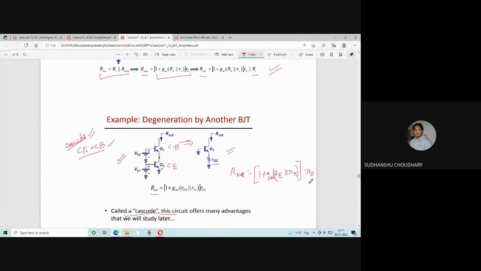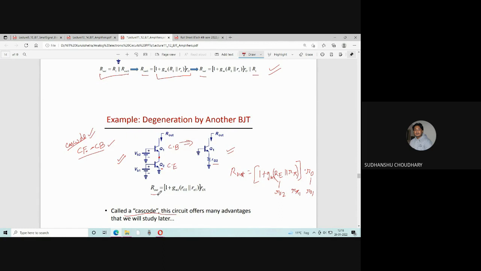So RE becomes RO2 here. r pi for this transistor is r pi 1, let us say, and R naught for this transistor Q1 is RO1.